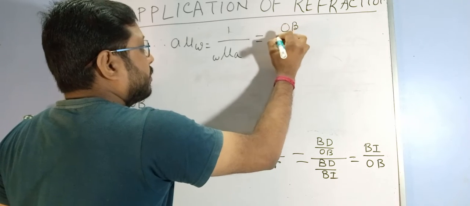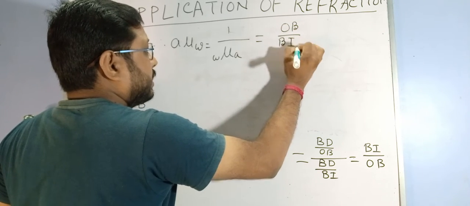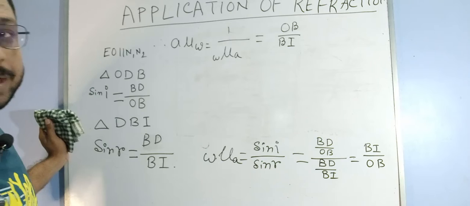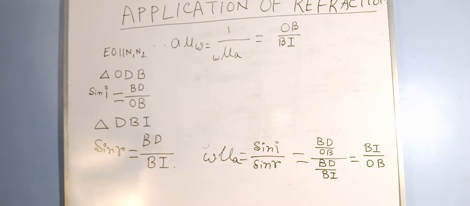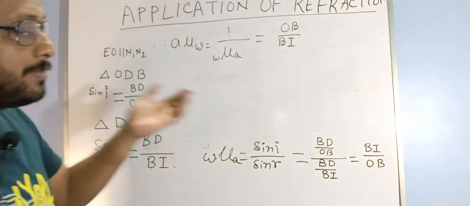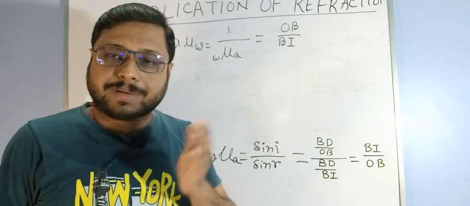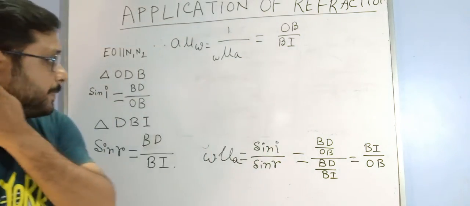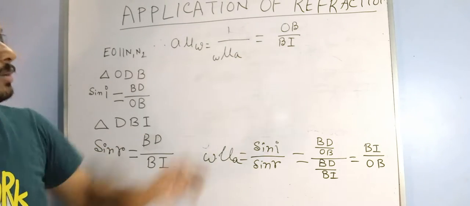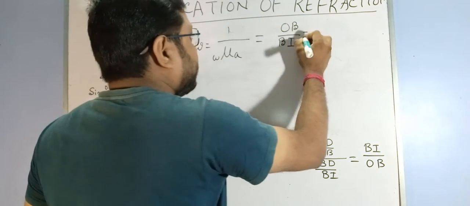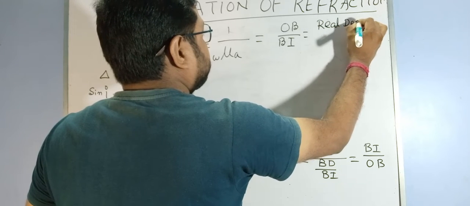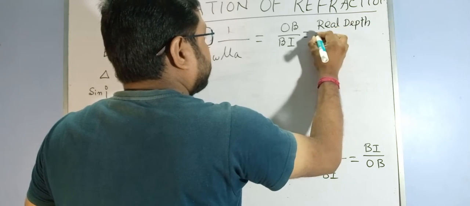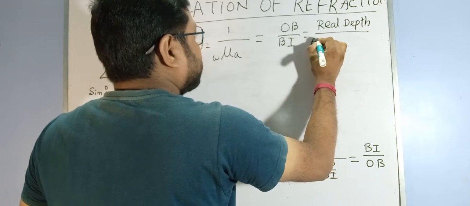What is OB? OB is the real depth. As you saw from the picture I drew, just pause and go back, then you can see that OB is the real depth of the object, and BI is the apparent depth.